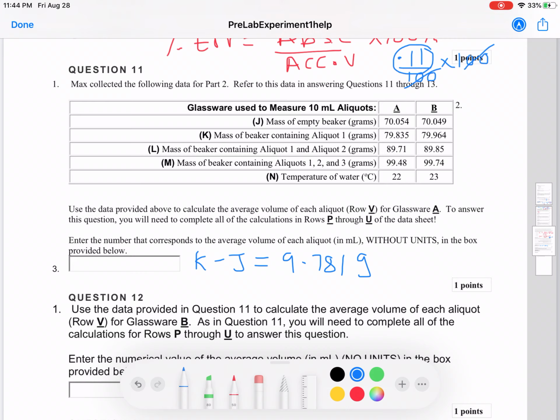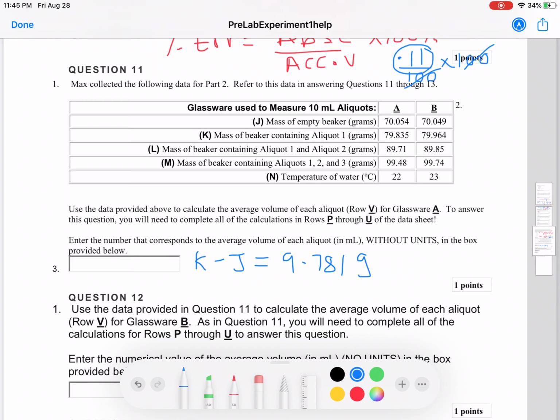And then for the second aliquot, the mass is going to be L minus K, which is 89.71 minus 79.835. It gives us 9.875 exactly, but we're going to keep our answer to 2 decimal places.